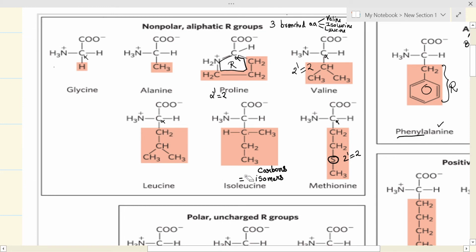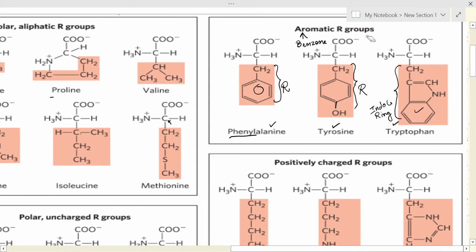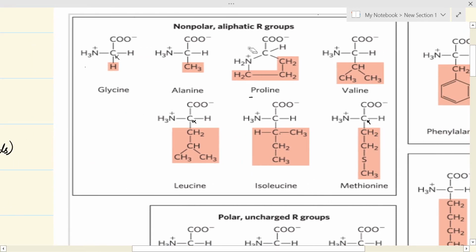Let me just mention them here, because during charge calculation we need to remember polar groups or polar amino acids. In case of non-polar amino acids, by the name itself, these all are non-polar. So no polar group we have. All are non-polar.